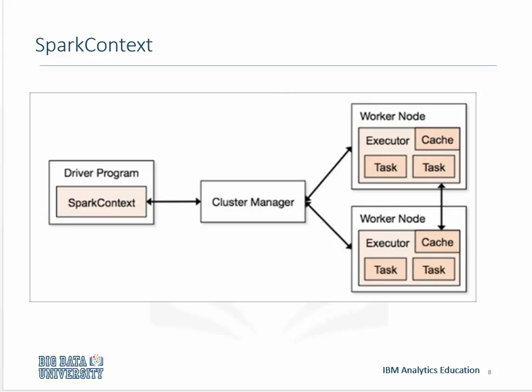Spark context allows your Spark application to access the cluster through a resource manager such as Yarn or Spark's own cluster manager. It represents the client connection to a Spark execution environment and has to be created before using any of Spark's features or services in your applications, such as RDDs, accumulators, broadcast variables, etc.